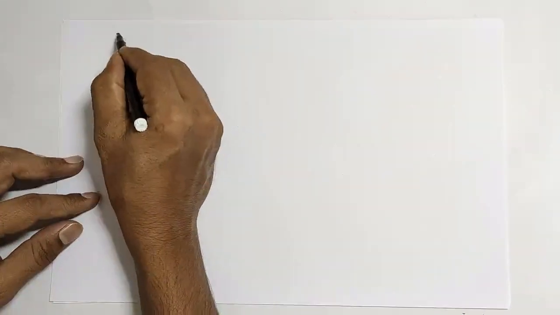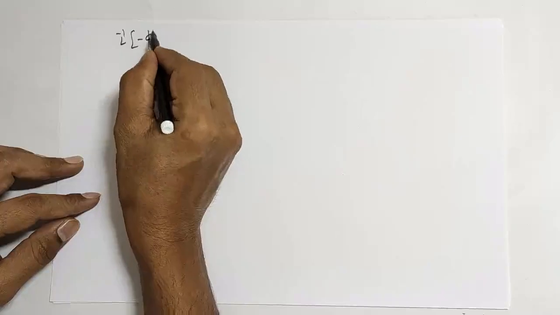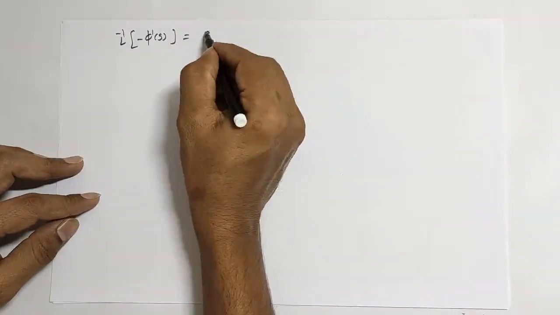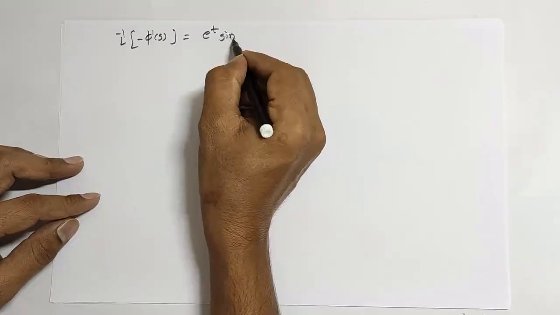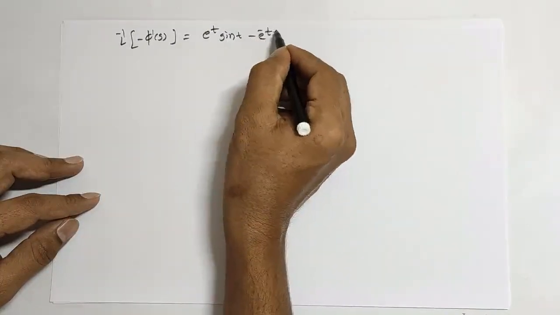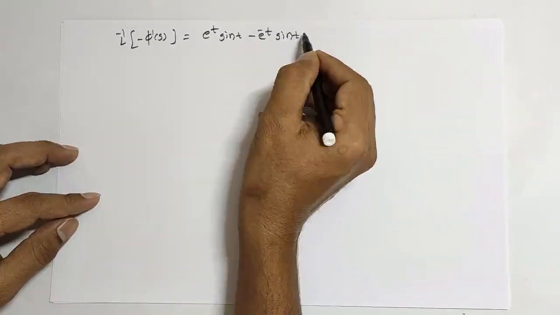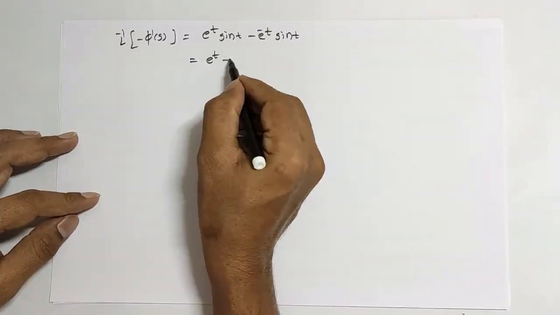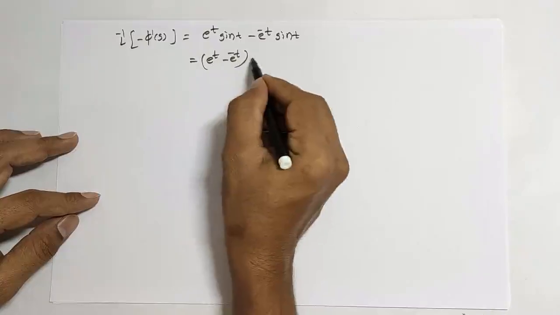Please note down. We have the step: L inverse of minus phi dash of s is equal to e to the power t into sin t minus e to the power minus t into sin t. You can take it common: so (e to the power t minus e to the power minus t) into sin t.